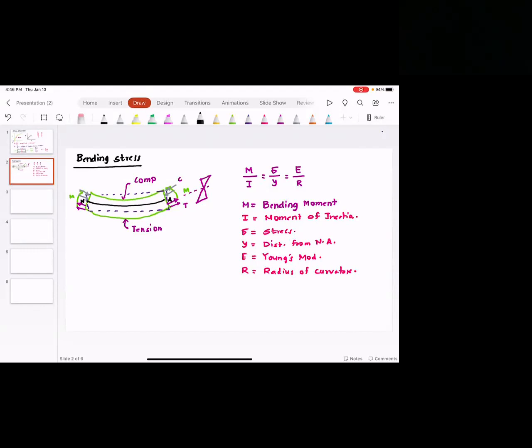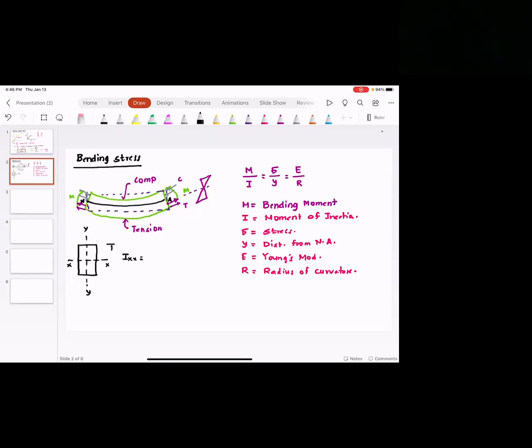Just for my own satisfaction, I'm going to give you some expressions. This is XX, and I'm going to call this YY. So IXX is the moment of inertia about the x-axis.